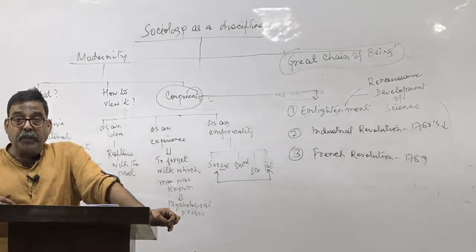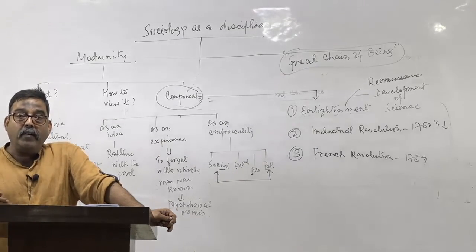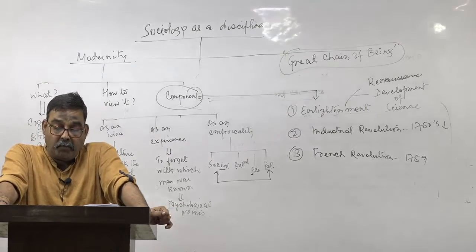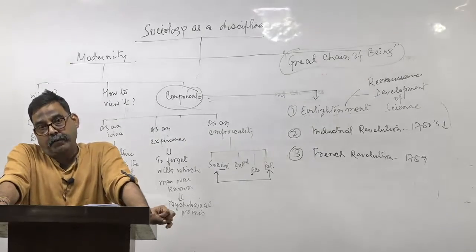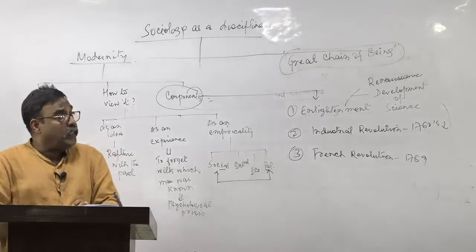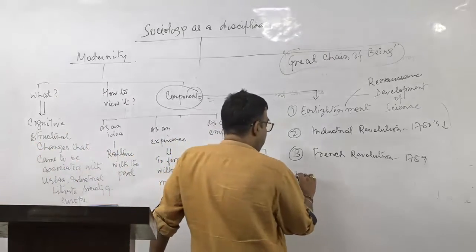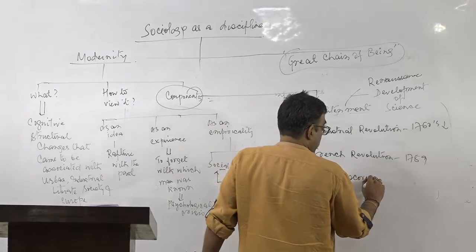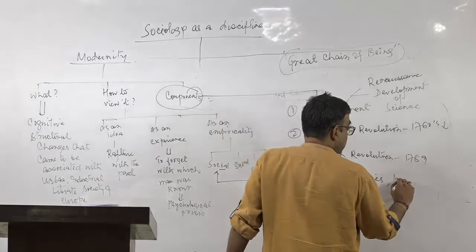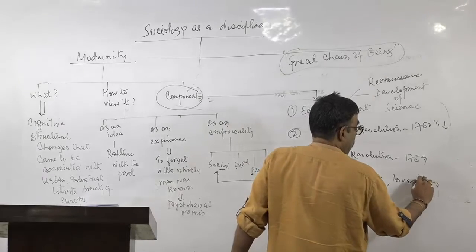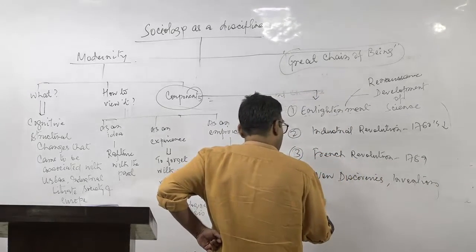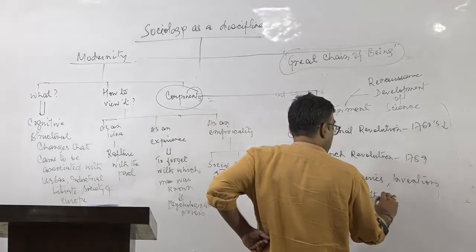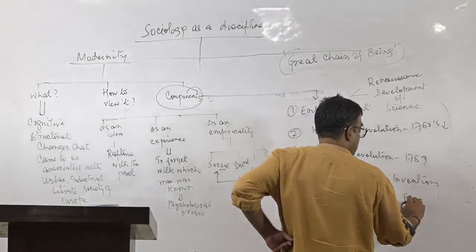The French Revolution occurred on the line of collectivism and brought new changes, but the question also emerged: how to reorient society. And not only this, we also started looking at new discoveries, inventions, and European society started having contact with the East.